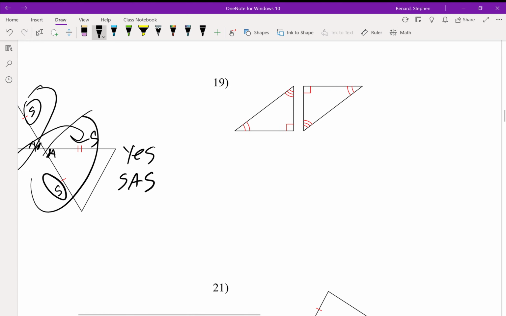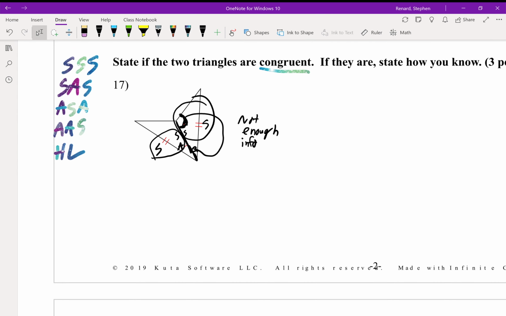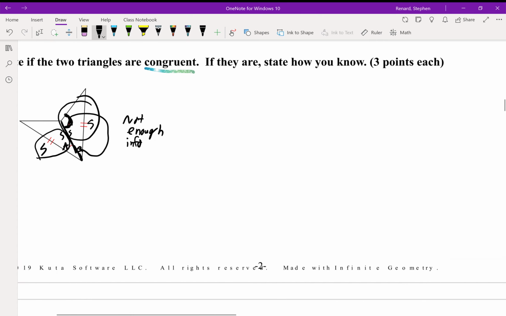So moving on to 19. Notice we got an angle here. We got an angle here. And 90-degree angles are always congruent. So we have three angles. Now notice, none of our postulates or theorems allow us to draw congruence with three angles.